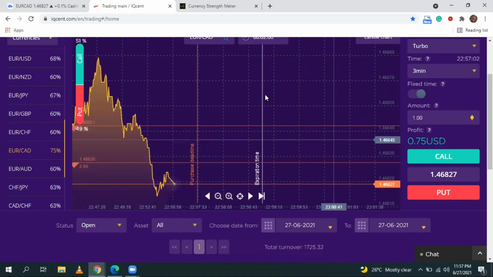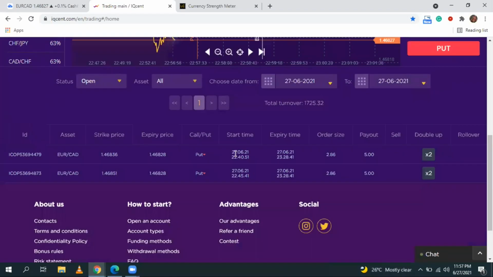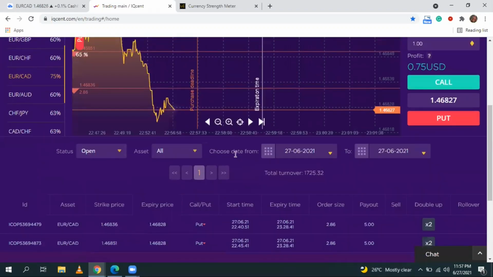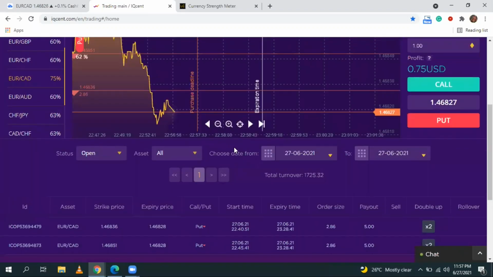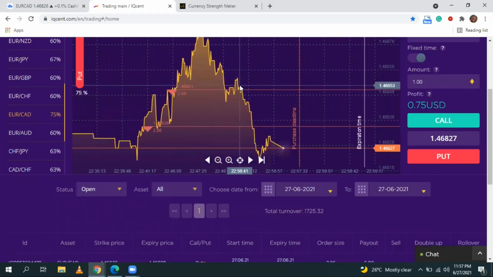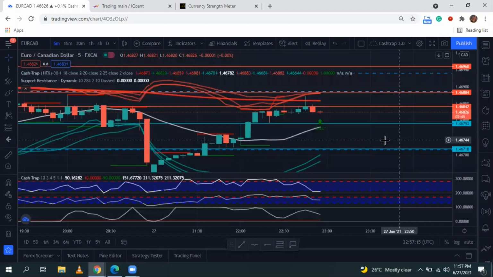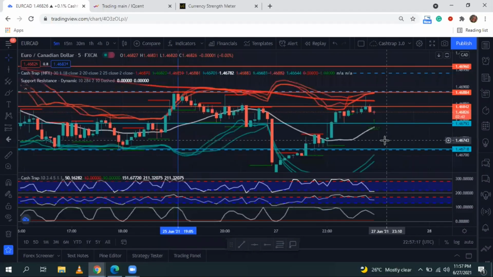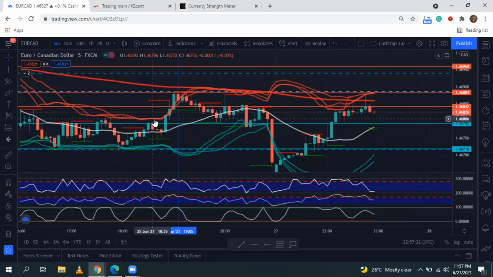So this is what I wanted us to see, and see how it will help you guys. So with this, you can add your third indicator if you like.